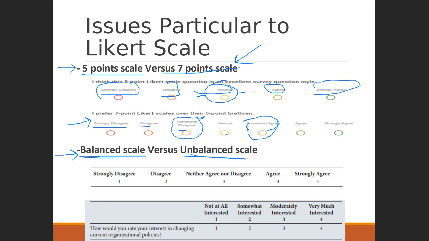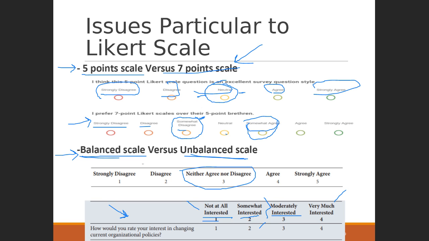As shown in this example, this is a balanced scale because it has a central point, neither agree nor disagree. This is a neutral point. But this particular scale here is not balanced. There is no neutral point. It ranges from not at all interested to very much interested, but there is no neutral point here.